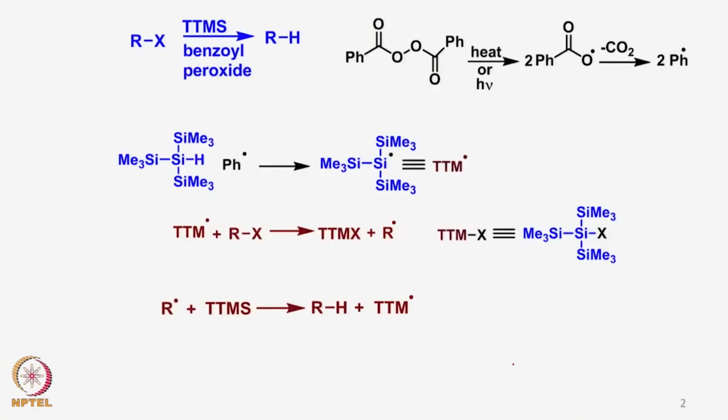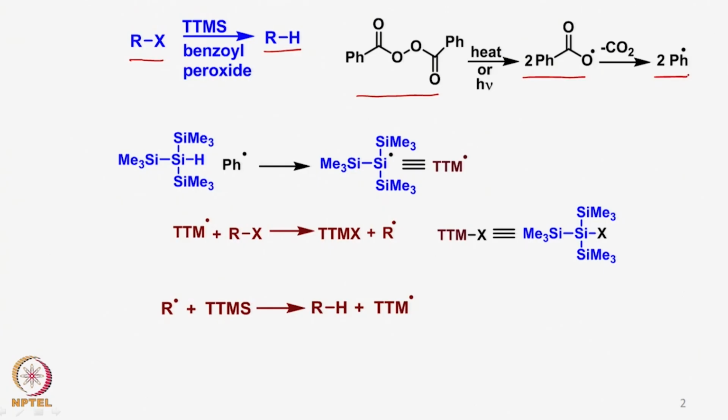Now we looked at the reduction of halides like RX, where X can be especially bromine and iodine, and then in the presence of benzoyl peroxide it gives the corresponding RH, basically replacing the R-X bond by the R-H bond. What happens is that the benzoyl peroxide, as I discussed last time, upon heating or photolytic conditions decomposes eventually to phenyl radical by the loss of carbon dioxide.